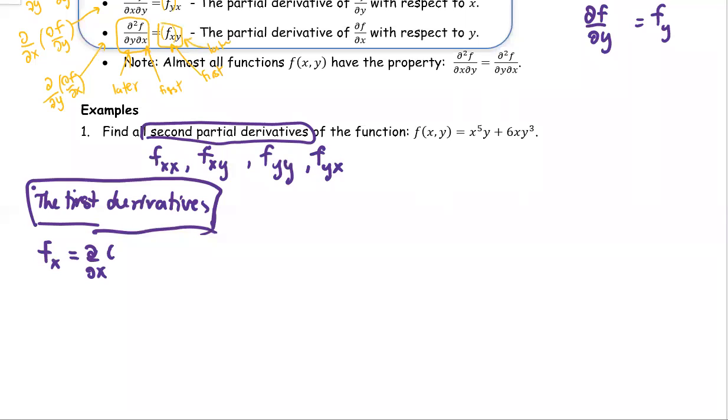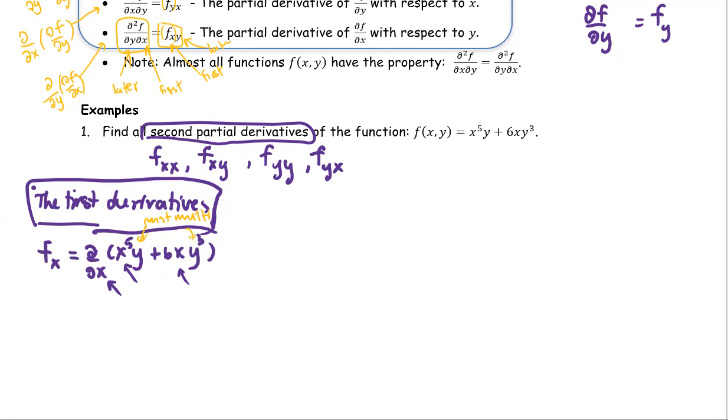So the partial of x to the fifth times y plus 6x y to the third. Okay, and when you look for the partial with respect to x, you're gonna look at the term involving x, treat the y as a constant. So y here this time is gonna be a constant multiple.